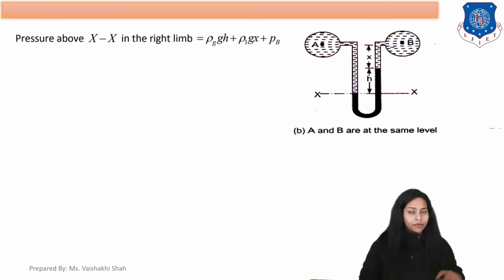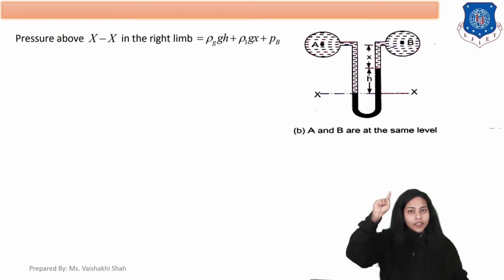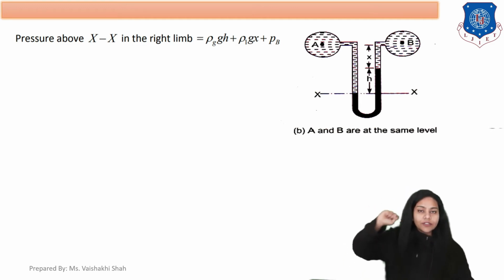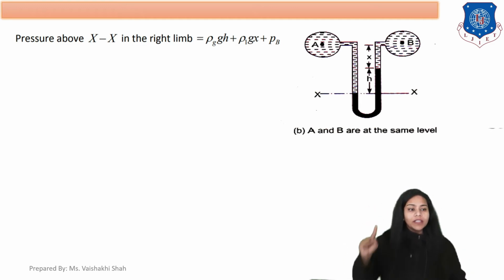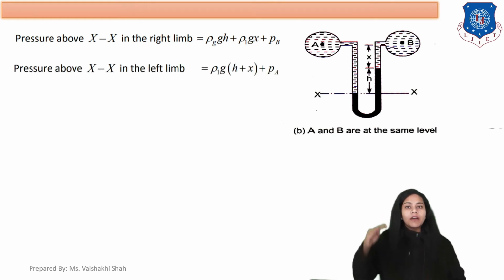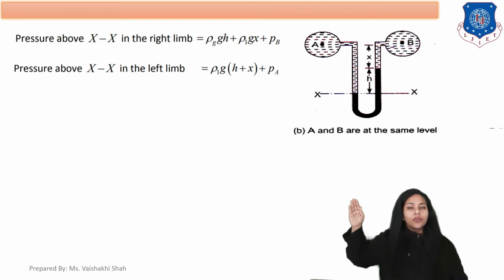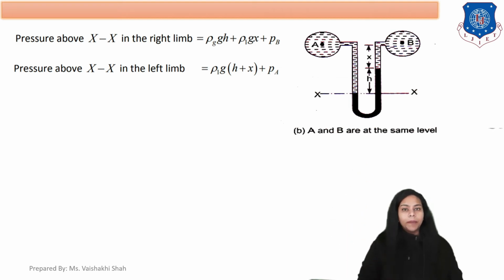See in the diagram, first the pressure at the center of the pipe at point B, which is PB, plus rho G G into H plus rho 1 G into X. Now, the pressure above XX in the left column is rho 1 into G (X plus H) plus PA.